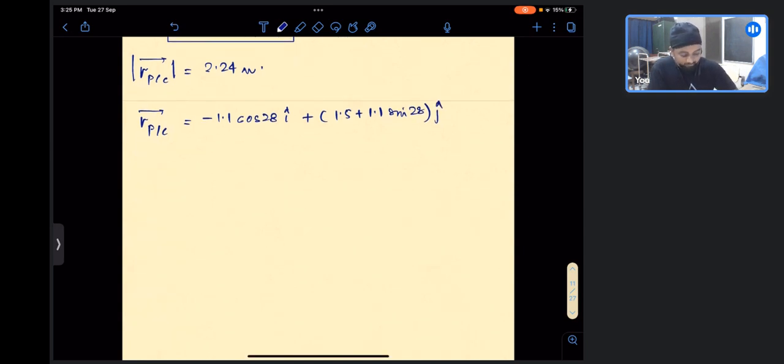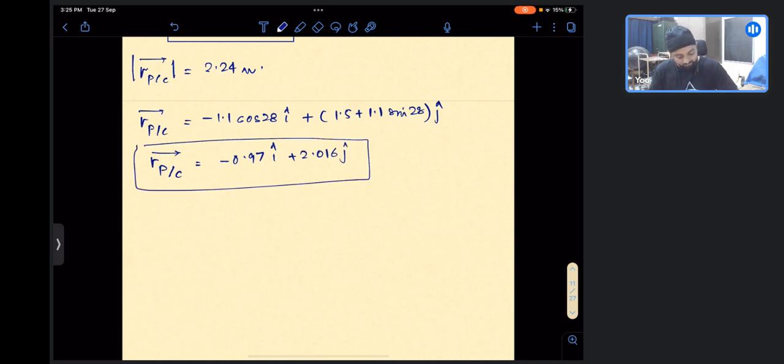So R P with respect to C is minus 0.97 i cap plus 2.016 j cap. So this also we have got.